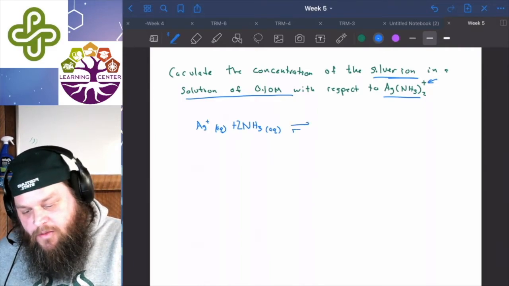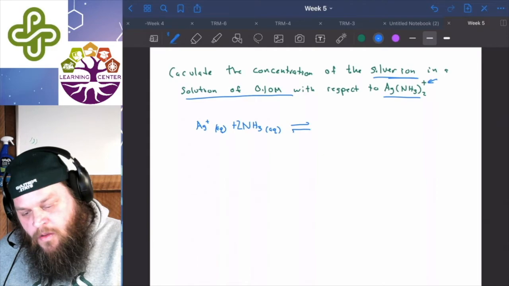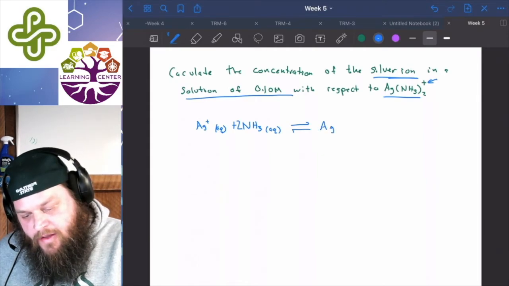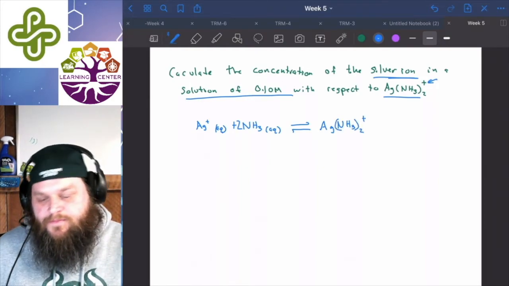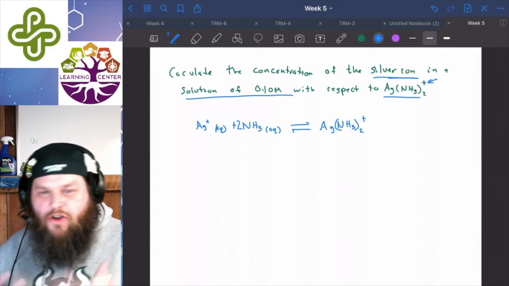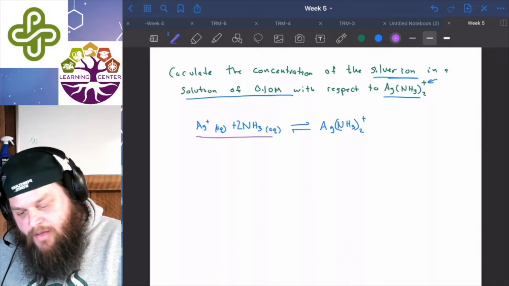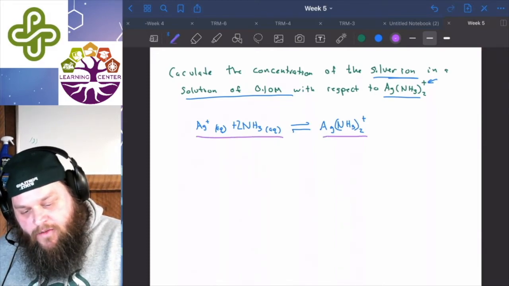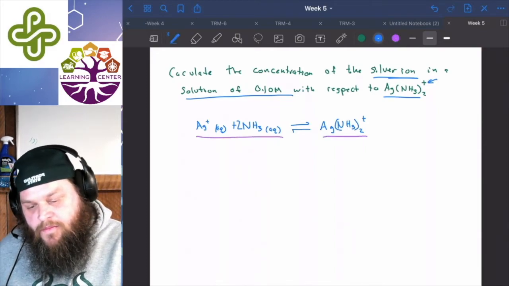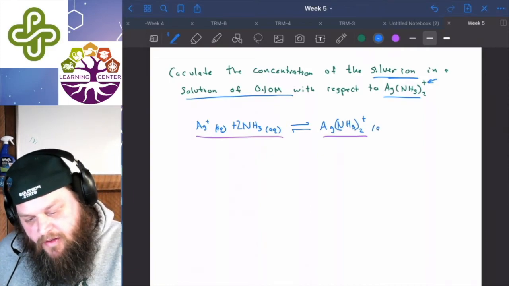So that's an equilibrium with the formation of Ag(NH3)2 plus. Notice the charge is balanced on both sides of the equation. I have a +1 charge over here, and I have a +1 charge over there. This is still going to be aqueous.